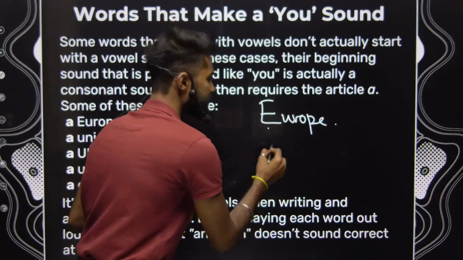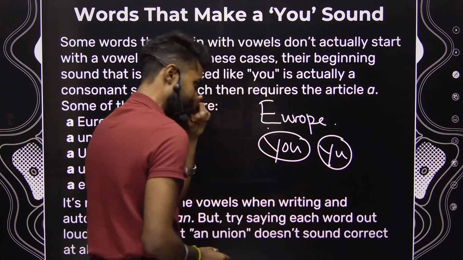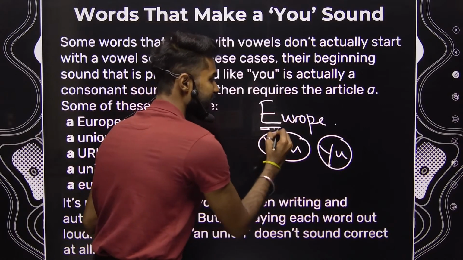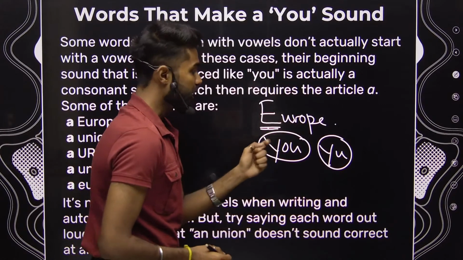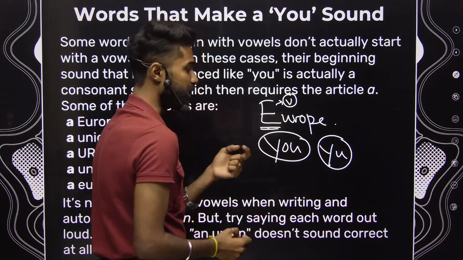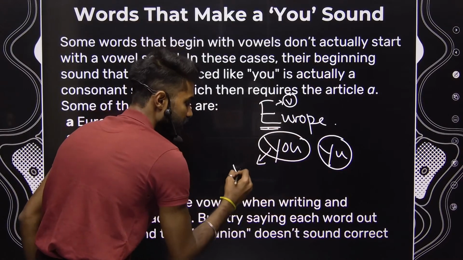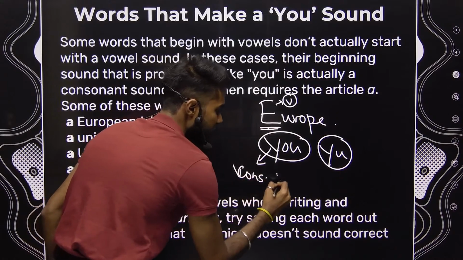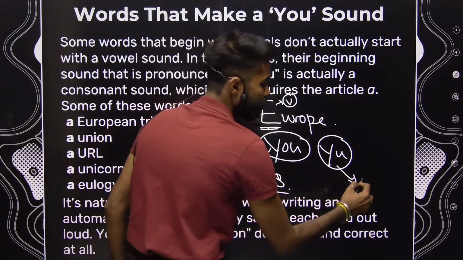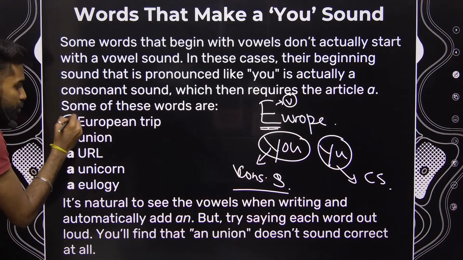I'm pronouncing it as "yoo". Though E is primarily a vowel, this word is producing a consonant sound. So I'll be using "a European".